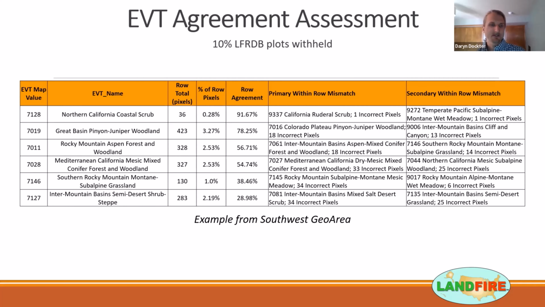So we're modeling hundreds of different types of vegetation. And some of the agreement is surprisingly high, some of it's surprisingly low. And so we provide what types it's getting confused with. And oftentimes it's very similar types where you could see how that confusion could occur. But we want to provide that information to help users be informed of how it did in this agreement assessment.